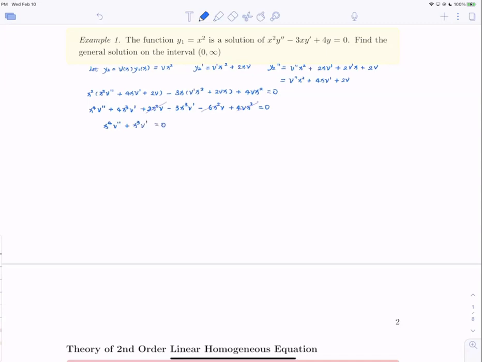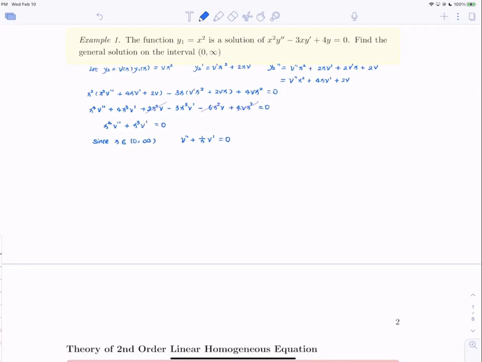Since x is greater than 0, that means it's not 0, so we can divide by x cubed. So we have v double prime plus 1 over x v prime equals 0.